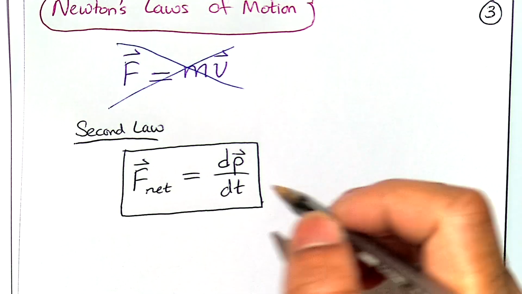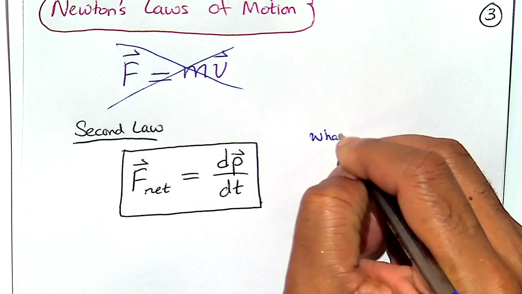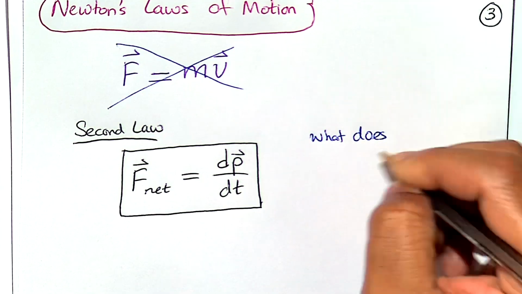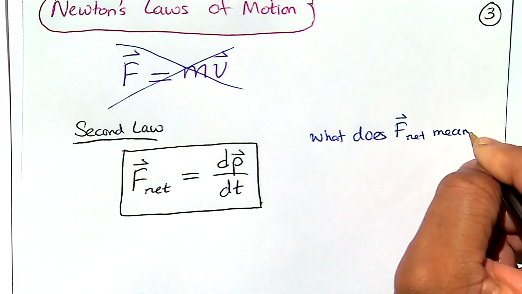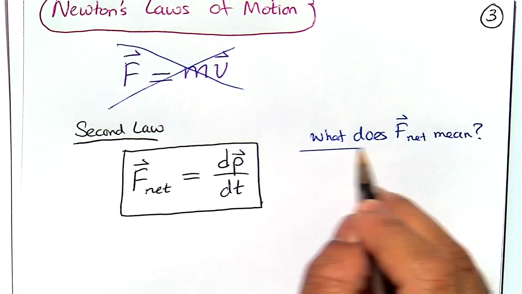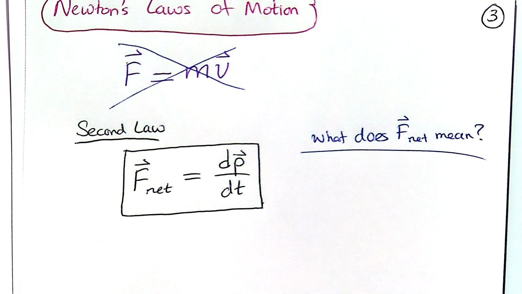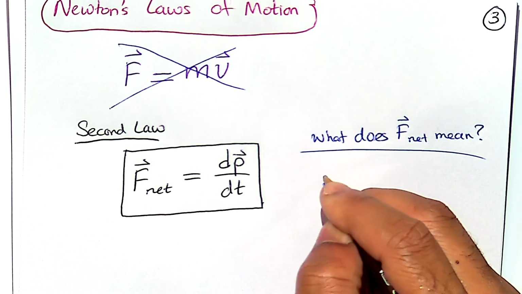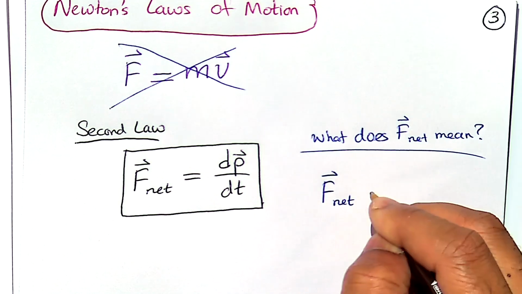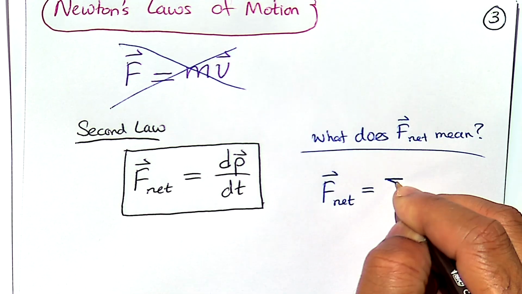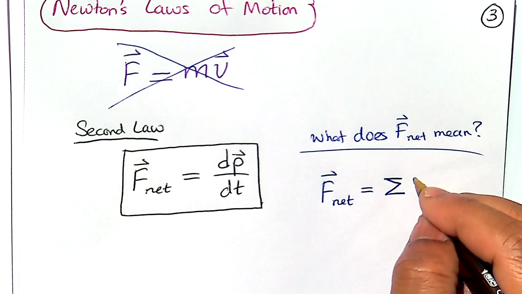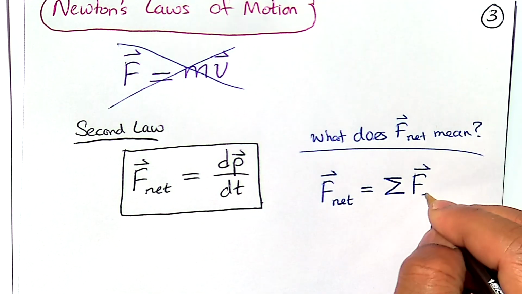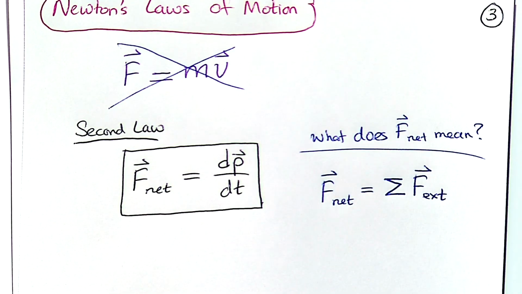So the first thing we want to try to understand is, what does F net mean? Okay, when we say force net, F net, what we mean is that we want to sum, Greek symbol sigma, all the forces that are external to an object.